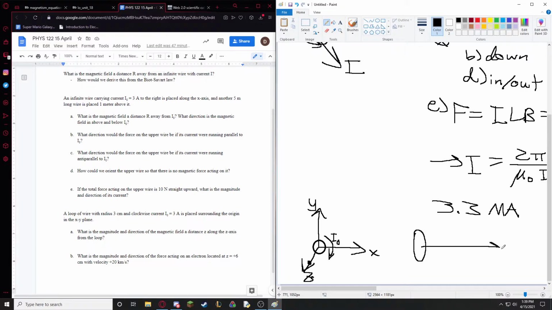And so say this is the Z direction, with our current flowing like that. Let's say 5 minutes, and then we'll talk about this one. So what would be the magnitude and direction of the magnetic field out here?